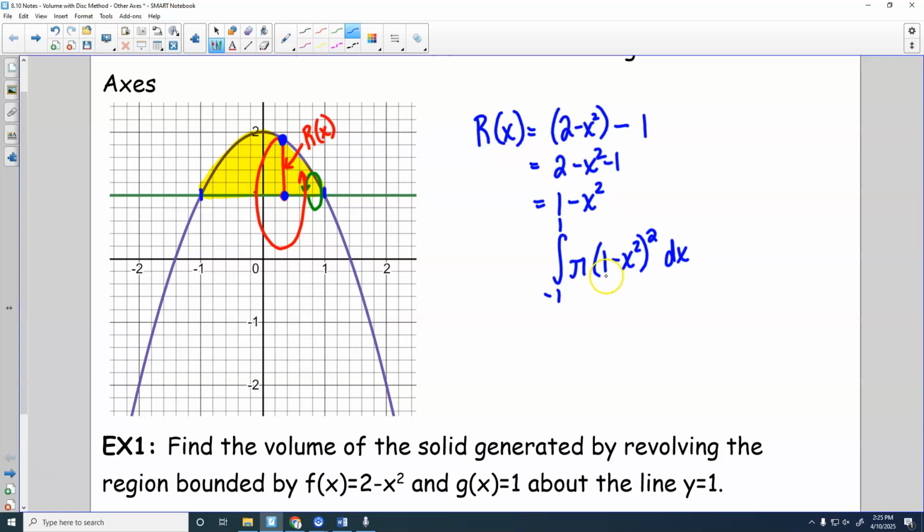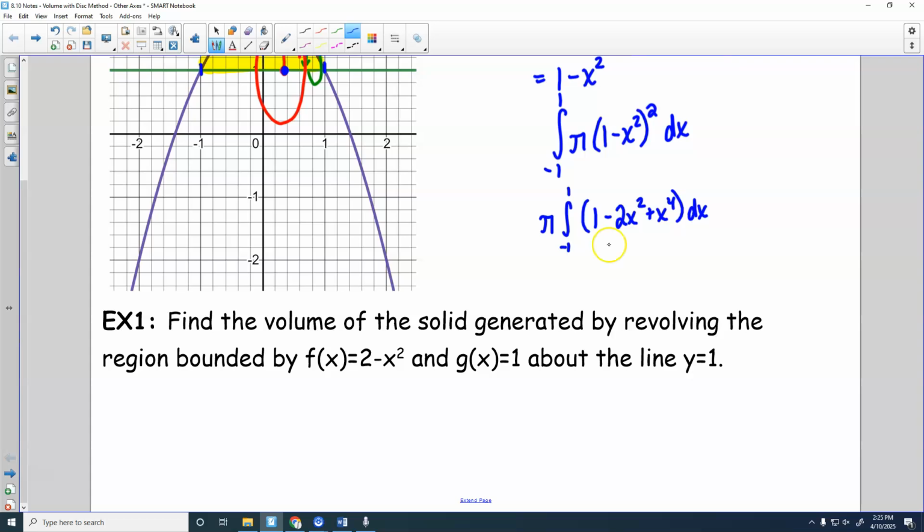Okay, so we would need to expand this before we integrate. So I'm going to pull the pi on the outside because it's a coefficient, and this is going to be 1 minus 2x squared plus x to the 4th dx. And then I'm going to integrate, and I will get x minus 2/3 x to the 3rd plus 1/5 x to the 5th, and I'm evaluating that from -1 to 1.